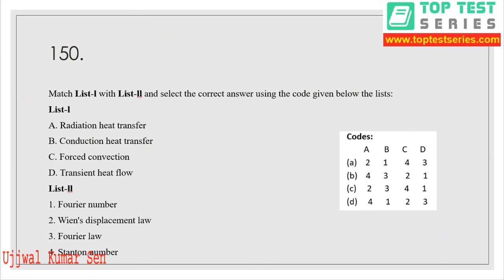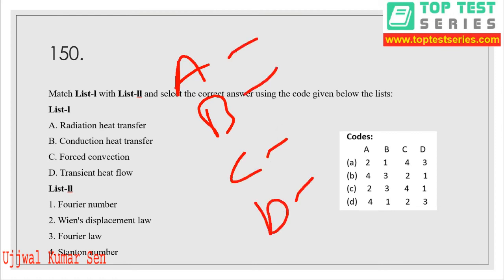Question number 150. This is an amazing question. It is a match the list question, and a very good one. Whenever we get a matching list question, write down A, B, C, D. Now we have to find out which one, A, B or C, D, I am really familiar with.